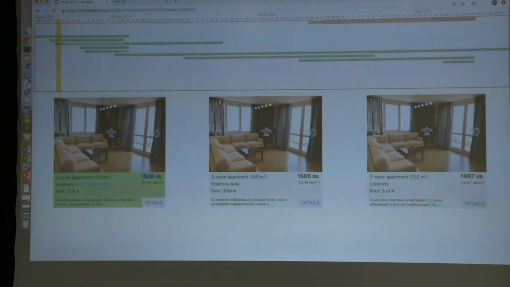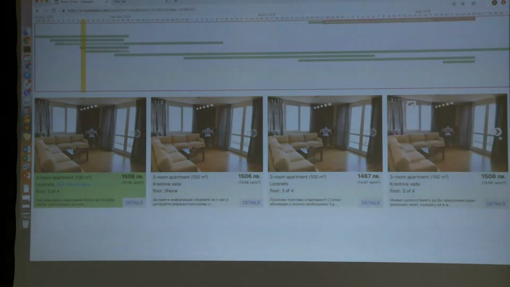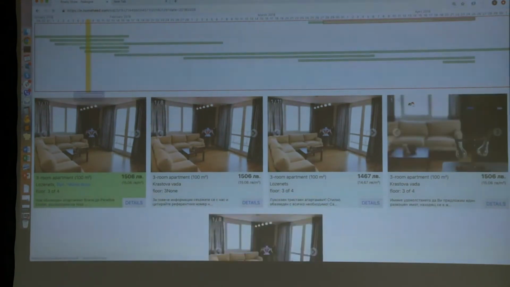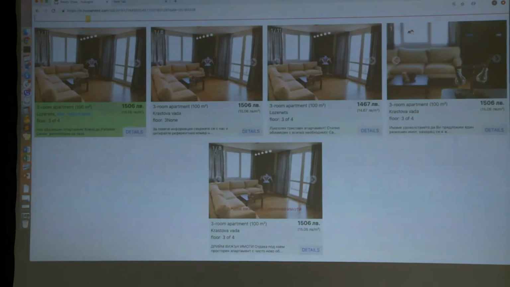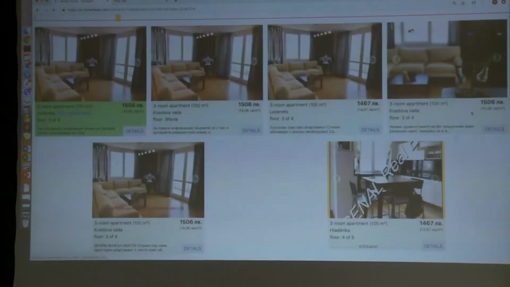Okay, several more days, one more listing. Okay, this one looks different, right? Does it? What's happening here? One more day, one more listing. Several more days, and again one more listing.